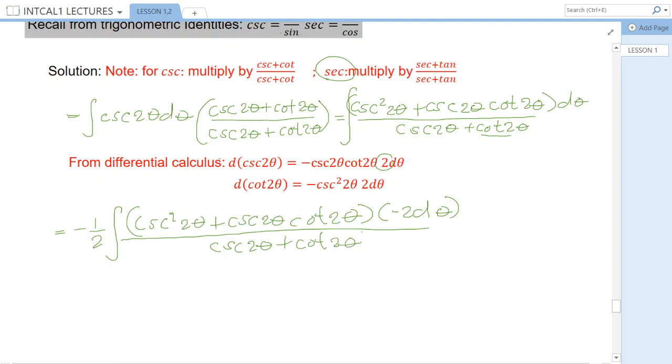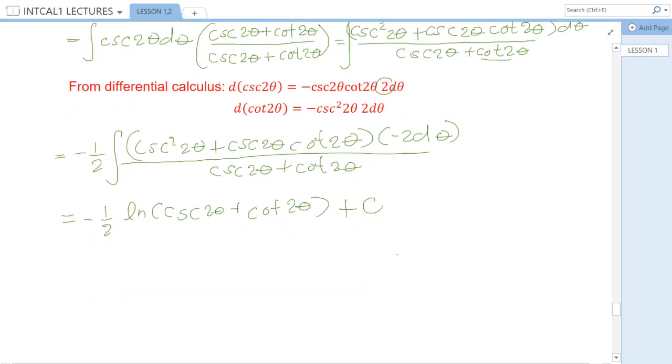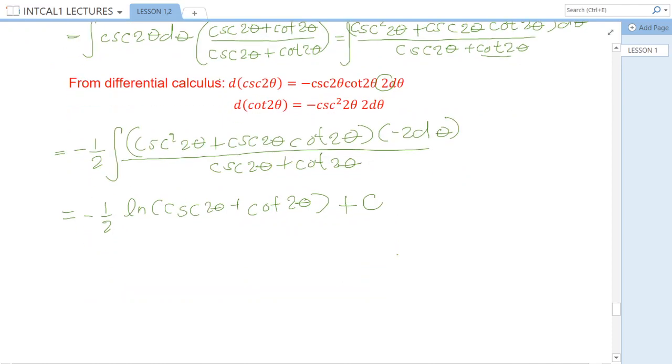Since the differential of the denominator is the numerator, let us just integrate that one using logarithm. So for our final answer, that is negative 1 half the ln of the denominator, cosecant 2 theta plus cotangent 2 theta, plus c, the arbitrary constant. That is our final answer.